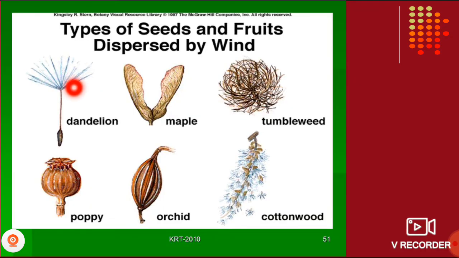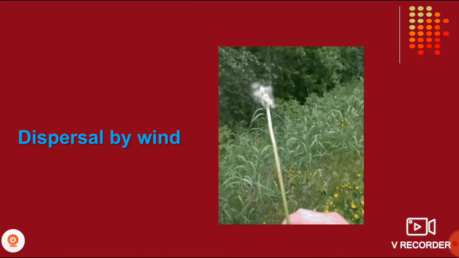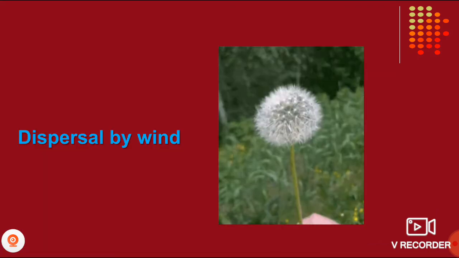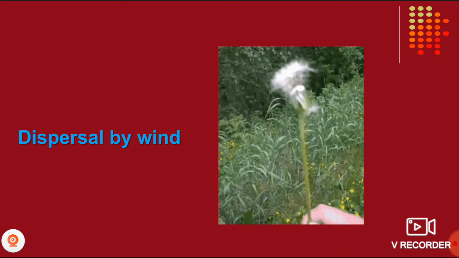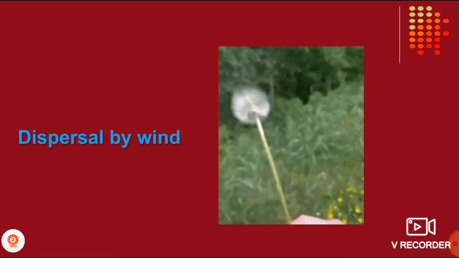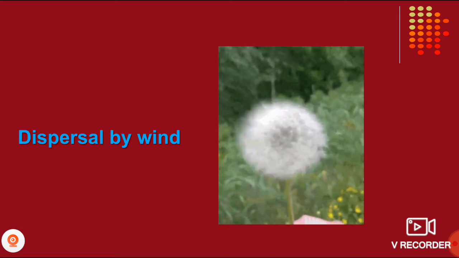Here this is dandelion seeds, here you can see maple seeds, and poppy and orchid and many more seeds which are dispersed with the help of wind. Let's see with another diagram how it takes place. Here you can see that dandelion is dispersing by the help of wind. In this way, wind is helpful in dispersal of seeds.